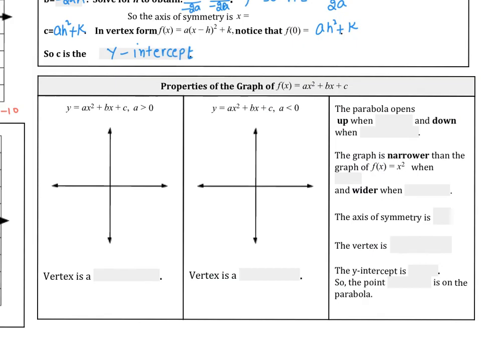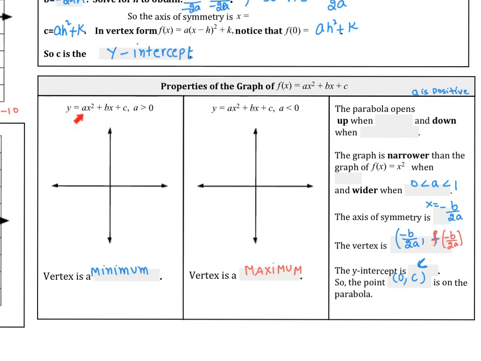Now let's discuss some of the properties of the standard form of a quadratic function. So f(x) = ax² + bx + c is the standard form. You're going to use this function to discuss the properties of the graph. Let's discuss when a is greater than 0, or a is positive, how the graph is going to look.